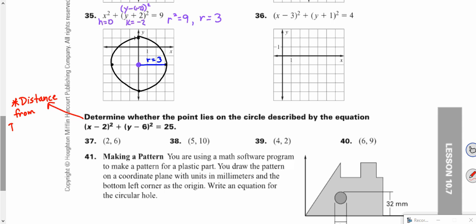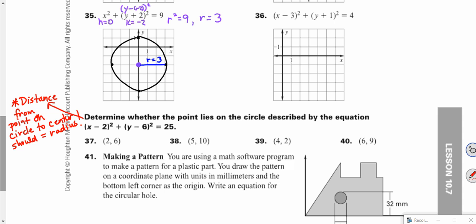So distance from point on circle to the center should equal the radius.